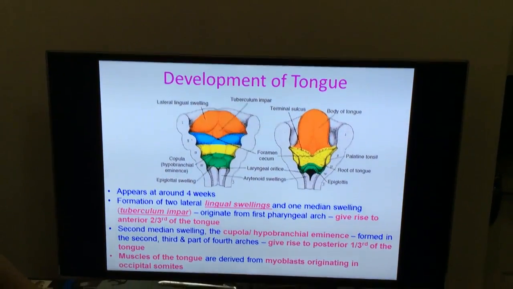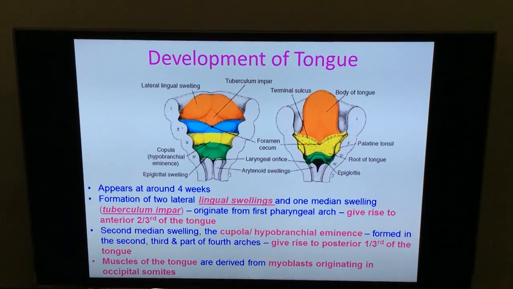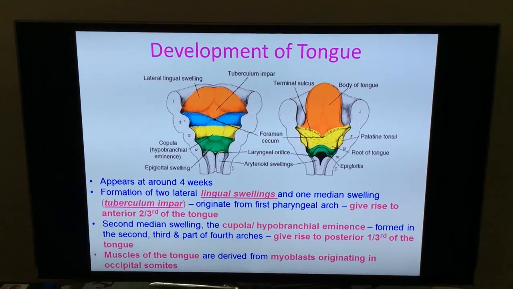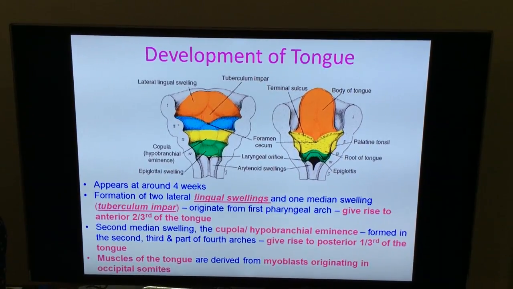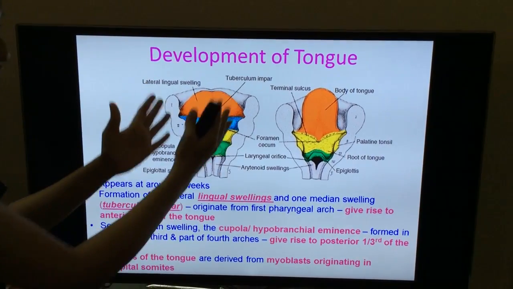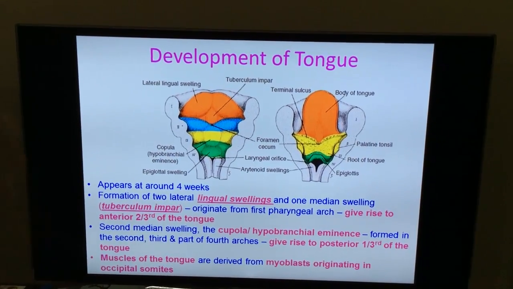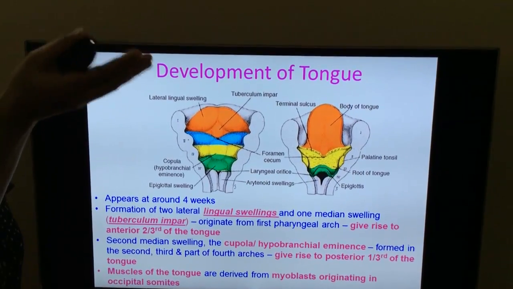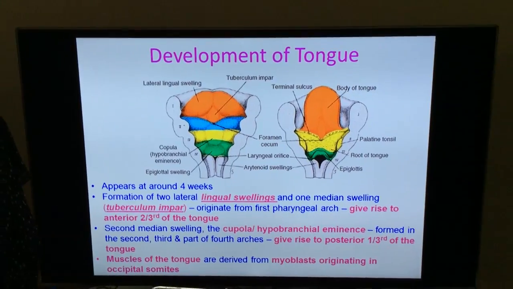Now, coming to the first part of the gastrointestinal tract, the tongue, which is situated within the oral cavity. I told you earlier, in the development of the respiratory system, that there is an area called the pharyngeal arches, or pharyngeal apparatus, which consists of a mesodermal core called the arches, with an external lining by the ectoderm and an internal lining by the endoderm.